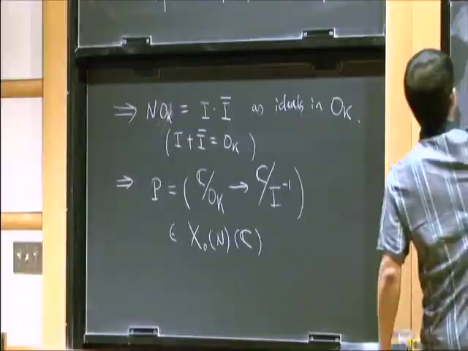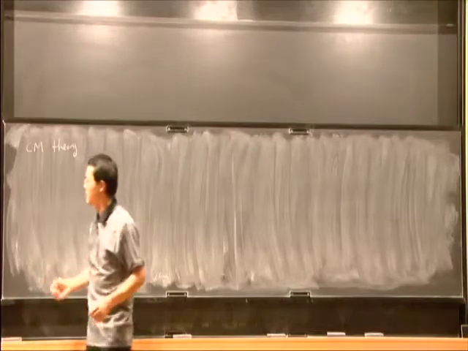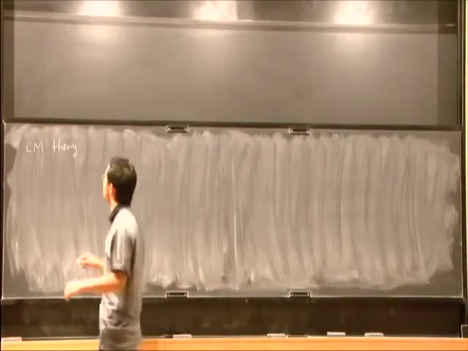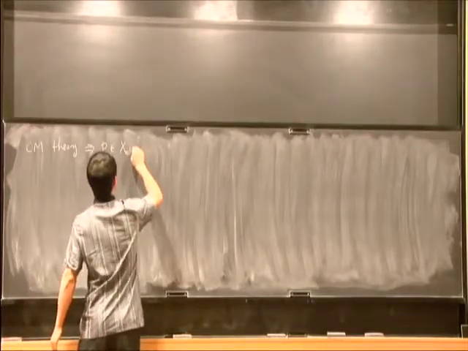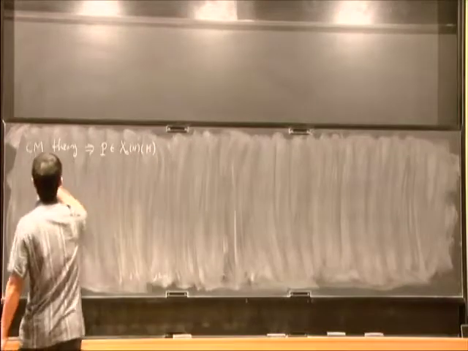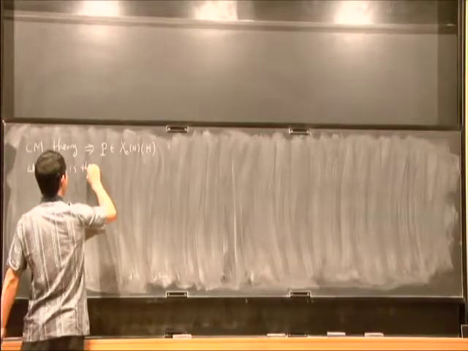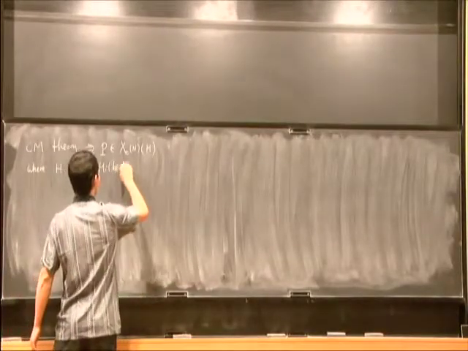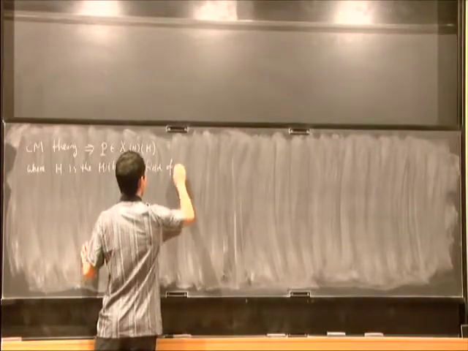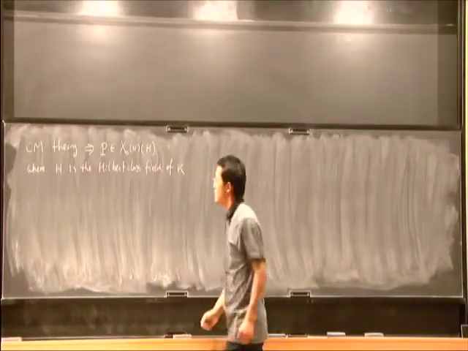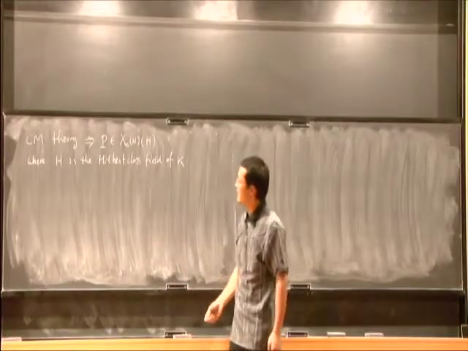And then the theory of complex multiplication says this point P is actually defined over the Hilbert class field. So we obtain one algebraic point on the modular curve.